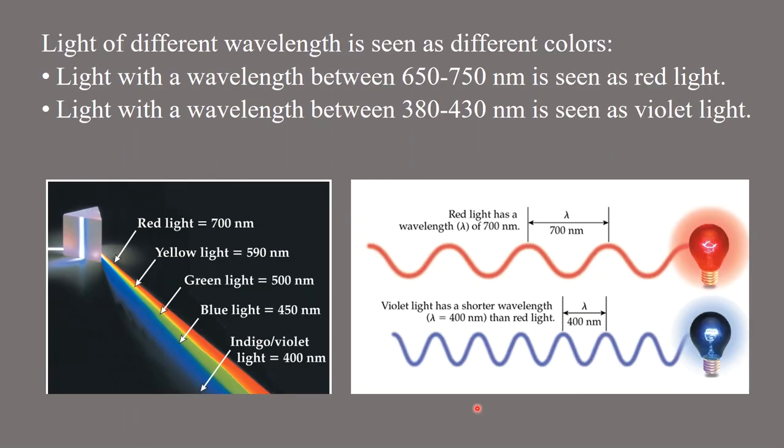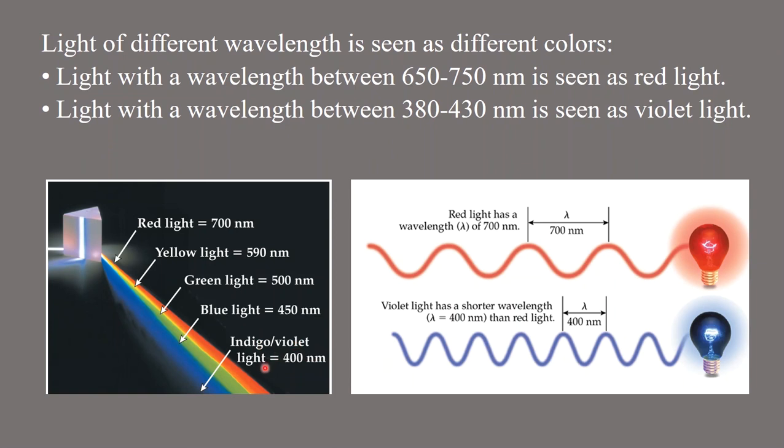Light of different wavelengths is seen as different colors. Light with a wavelength between 650 to 750 nanometers is seen as red light, and light with a wavelength between 380 nanometers and 430 nanometers is seen as violet light. In this slide, you can see the different colors of light have different wavelengths.